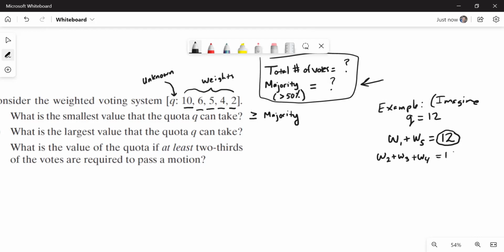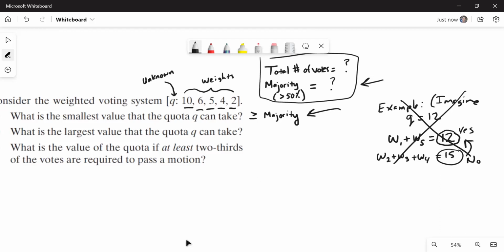That would give you 15. That would be more than the 12 that voted to pass something. That would not make any sense, to be able to pass a vote with 12 yes votes and 15 no votes. It should actually not pass because more people are saying no than yes. And that's why that's not possible. Excuse me, I said that incorrectly. Our quota must be greater than or equal to the majority.